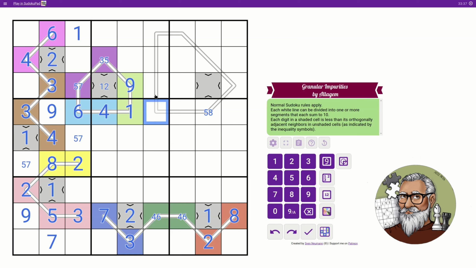Yeah, seems like it. 5, 3, 2, and 7 would just be out of the play then. That's fine. 5, 3, 2. Do I have to continue? Nah. Right? 5, 3, 2. This could be 4.